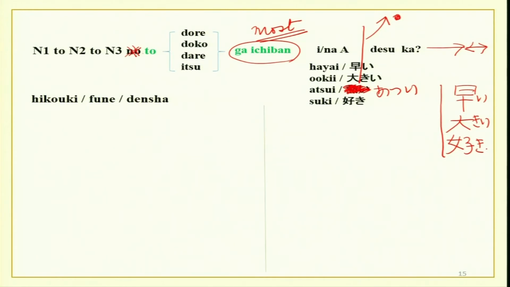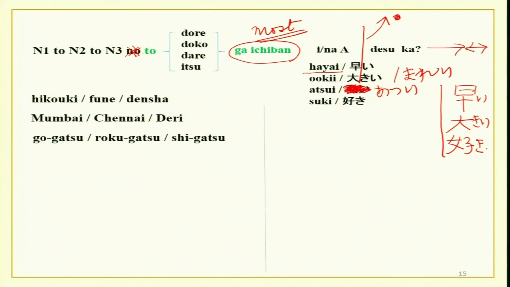Hikoki to fune to densha no naka de, or hikoki to fune to densha to dore ga ichiban hayai desu ka. Mumbai to Chennai to Delhi to dore ga ichiban ookii desu ka, or kirei desu ka.